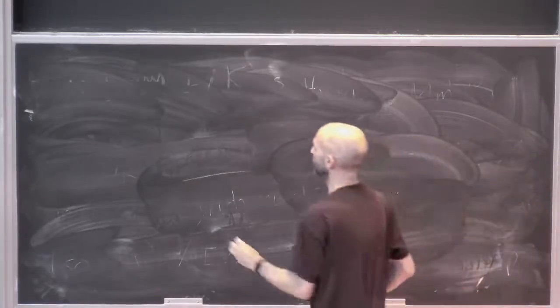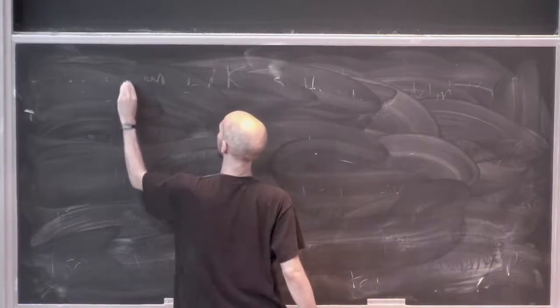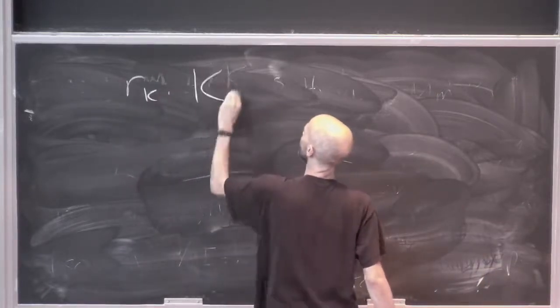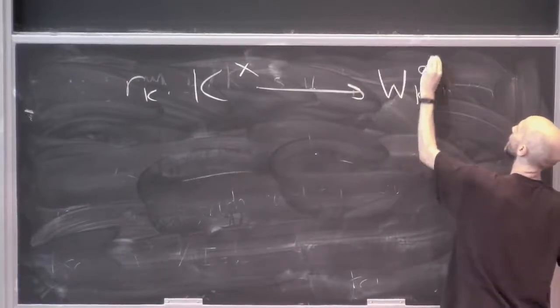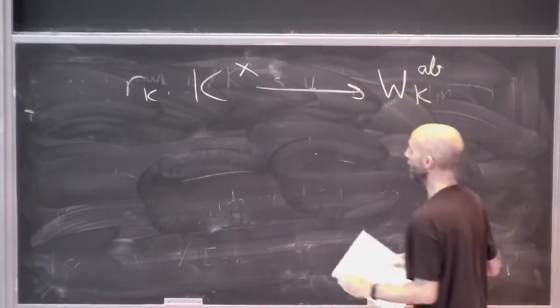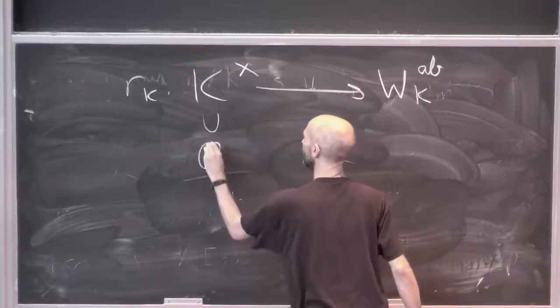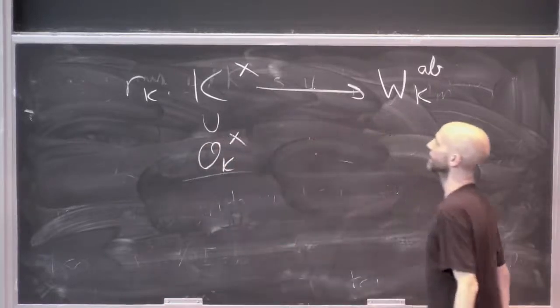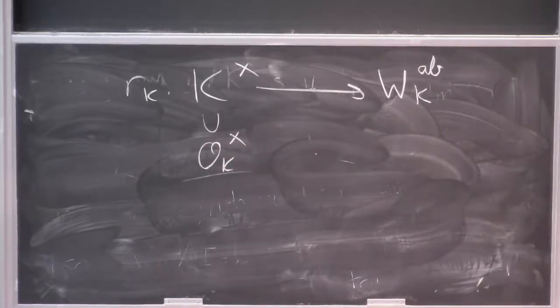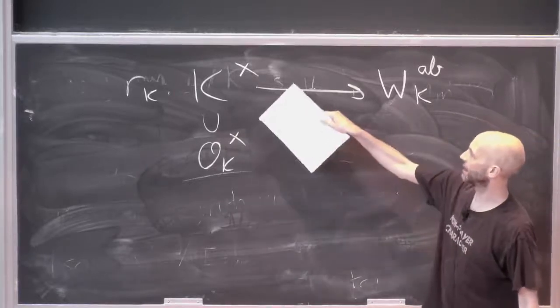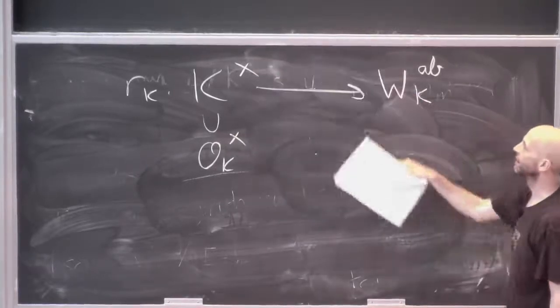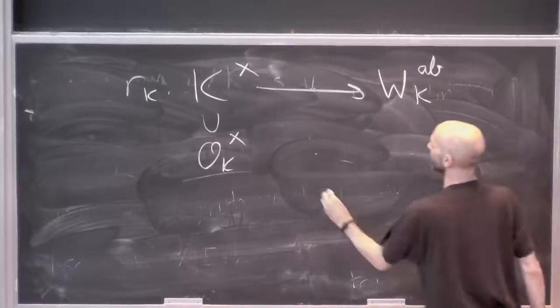So let me tell you some stuff then. We've got r_K. This goes from K star to the abelianization of W_K. And K star contains O_K star, the integers. Now if you think about it, this is profinite, and then the quotient is discrete. It looks like Z. So where do you think this is going to go?